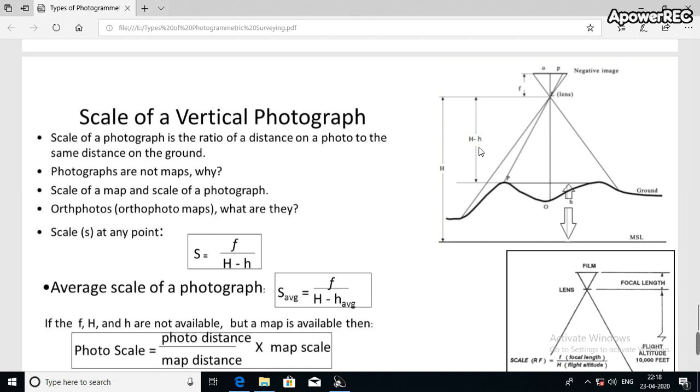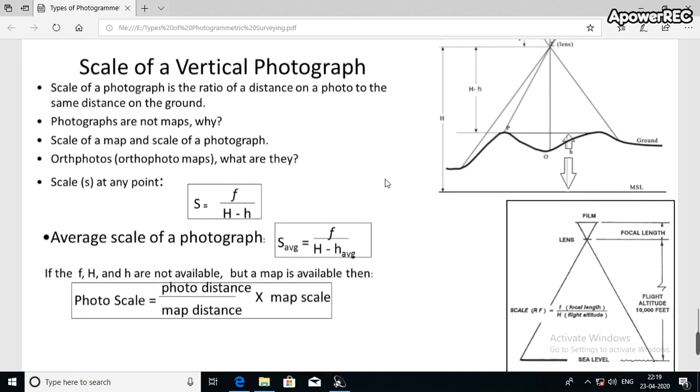Now, in some cases the scale can be easily found: scale equals the focal length divided by this total height, that is, f divided by H minus h. The average scale of a photograph is f divided by H minus h average, where small h can be taken as the average value.